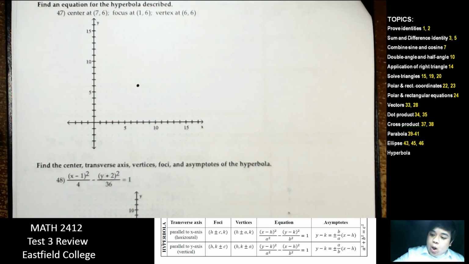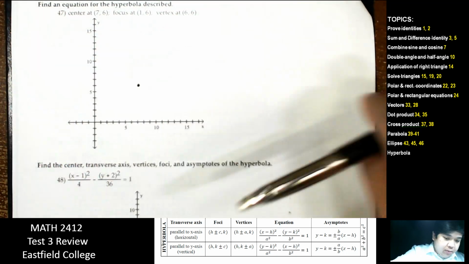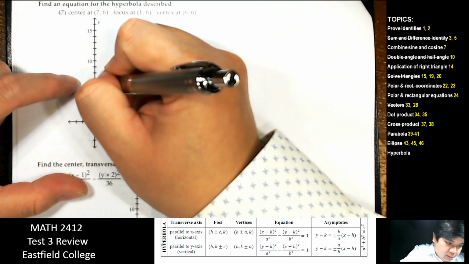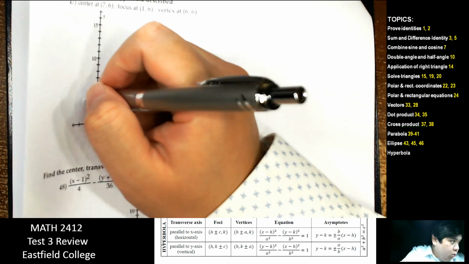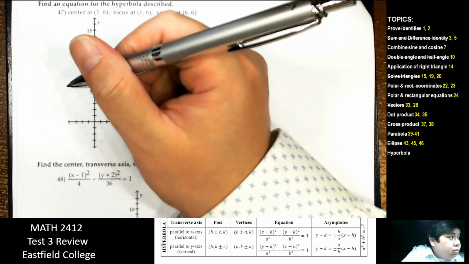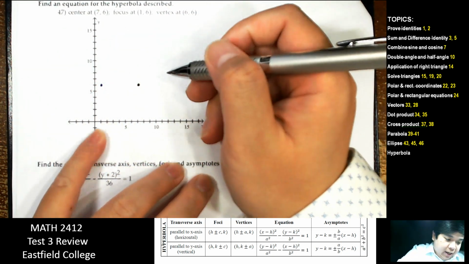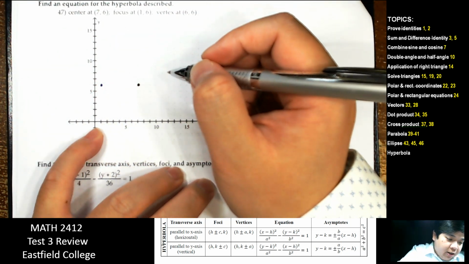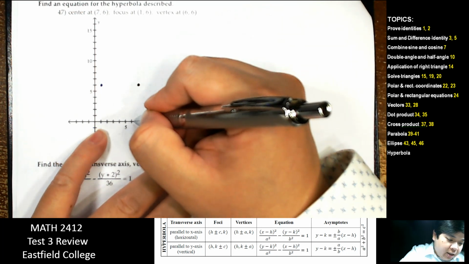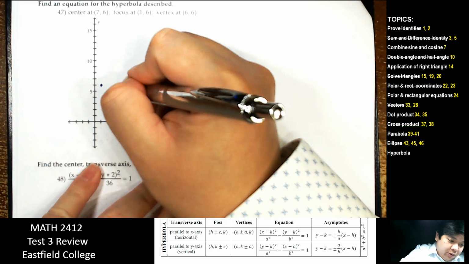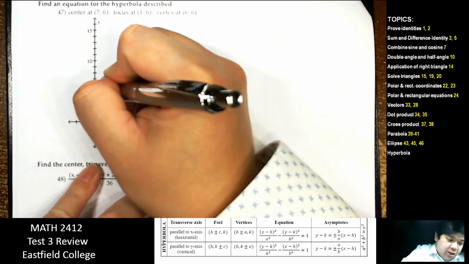The focus (1, 6), (1, 6). And then a vertex (6, 6). So the vertex is here, the focus is there.